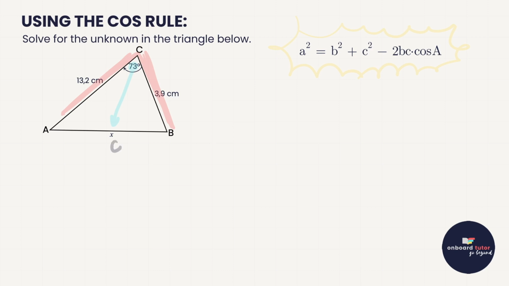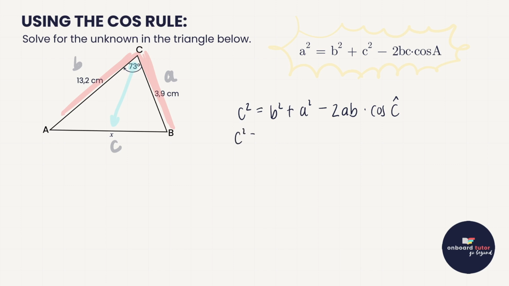That's side C, then this is side A, and this is side B. So I'm going to swap A and C in my formula so that it works out for me. C squared is equal to B squared plus A squared minus 2AB or BA cos of angle C.